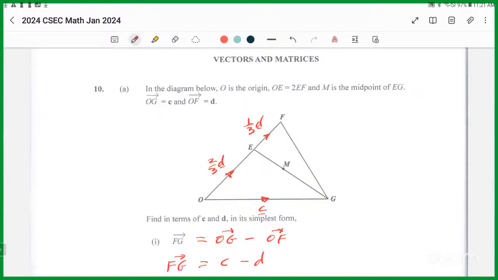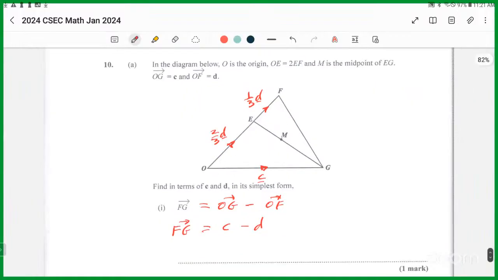So what I said to the students again in class is, know that you know FG. It is almost like we now know this vector over here. We now know this road, FG. It is equal to this. We now know it. And therefore, if there comes a point in the question where we need to, for example, travel a quarter of the way, then it will just be a quarter of this.